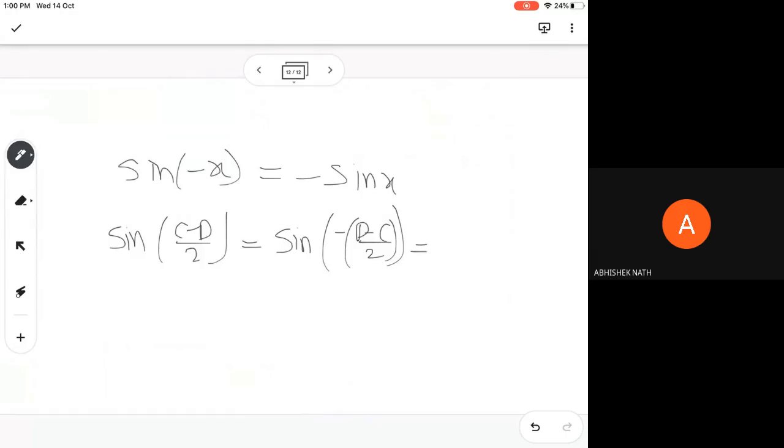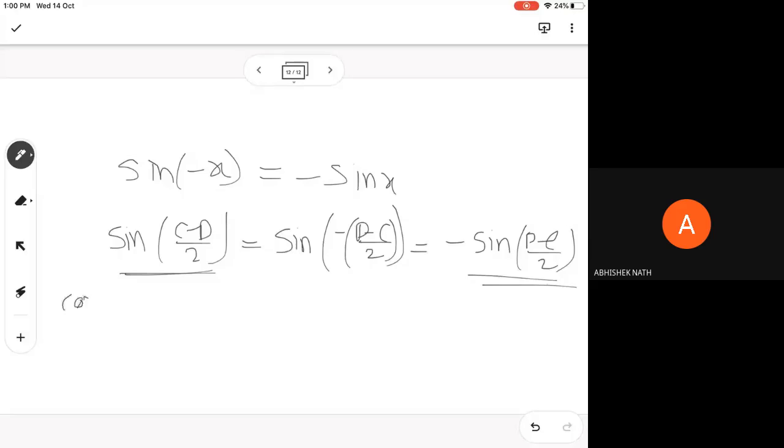I have taken minus common from this. Okay, what will I get? Now it is in this form. So what can you write it as? Minus sin d minus c by 2. So in its place we can write minus sin d minus c by 2, can't we? Yes, sir, we can.